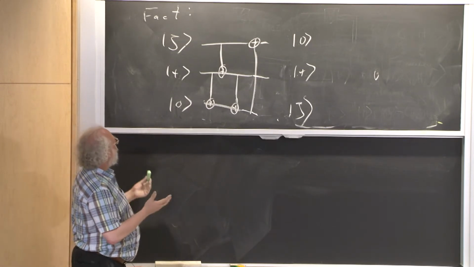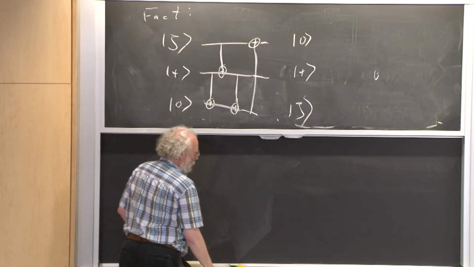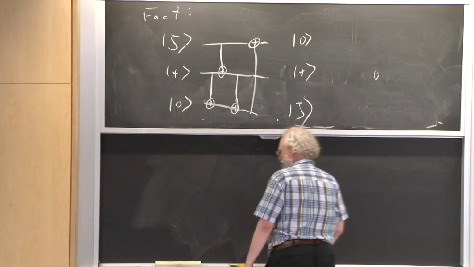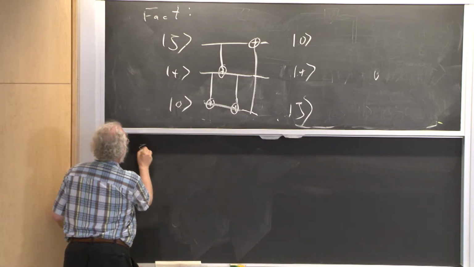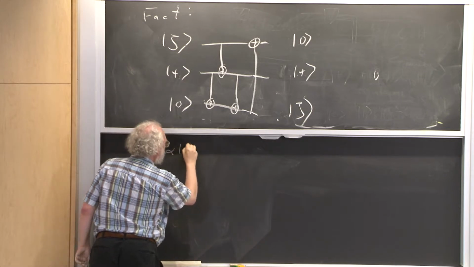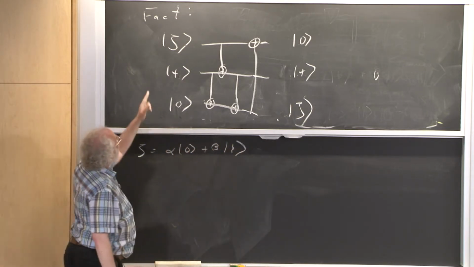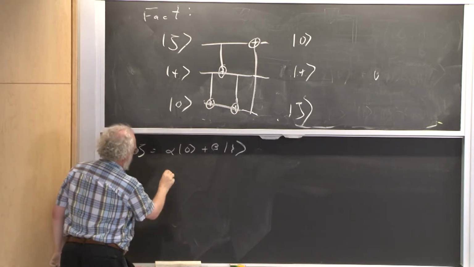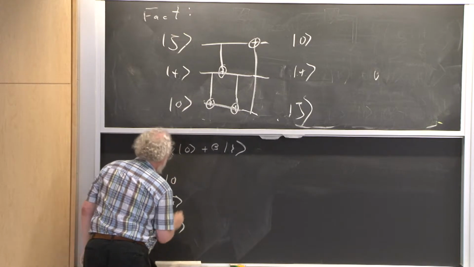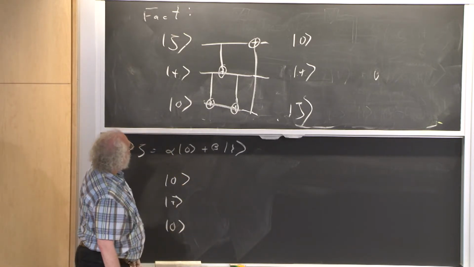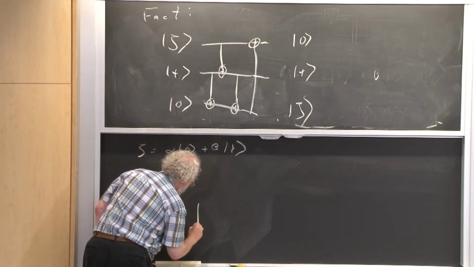Well, it's fairly easy to show this. What you need to do is, zeta equals alpha 0 plus beta 1. So let's look at what happens when we put 0 plus 0 in. Well, the first thing we do is a control knot here.